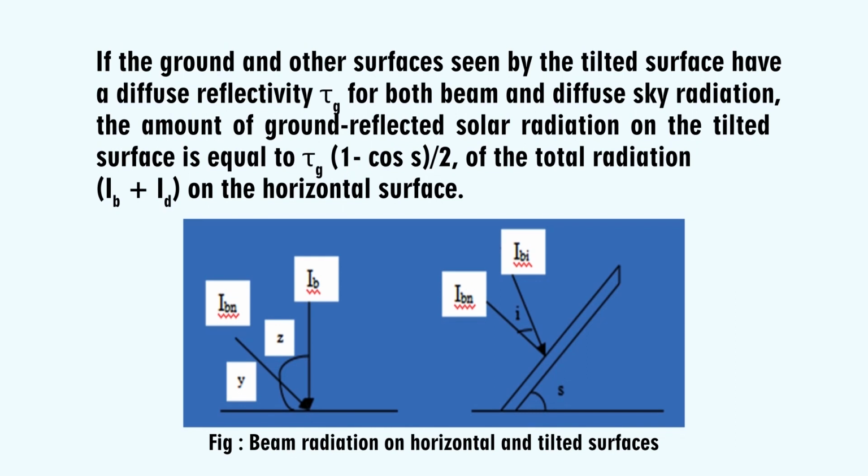If the ground and other surfaces seen by the tilted surface have a diffuse reflectivity rho g for both beam and diffuse sky radiation, the amount of ground reflected solar radiation on the tilted surface is equal to rho g multiplied by 1 minus cos s divided by 2 of the total radiation, that is IB plus ID on the horizontal surface. The beam, diffuse and reflected components can be added to give the total incident radiation IT on a tilted surface.